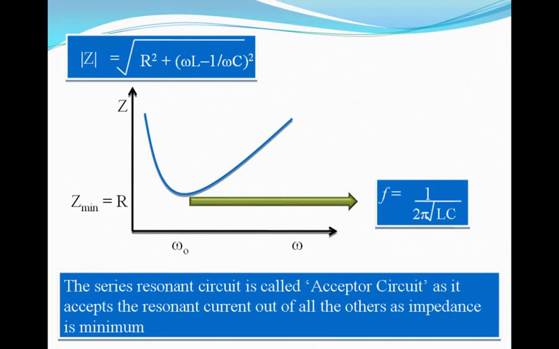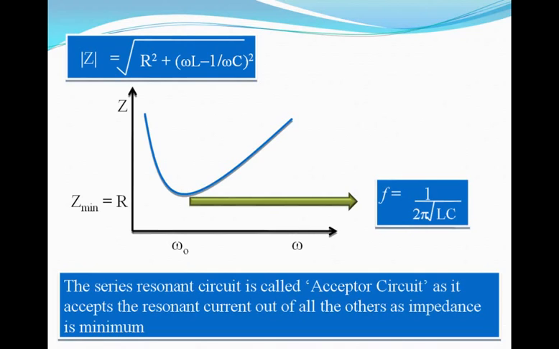And that is because the impedance, or in a way the resistance to the flow of current, is minimum for omega naught. Since it accepts that one frequency at which impedance is minimum, it's called the acceptor circuit. If all this sounds very vague, don't worry. Just remember the line that I have told you just now. You don't need to go deep down into exactly why it's called an acceptor circuit.